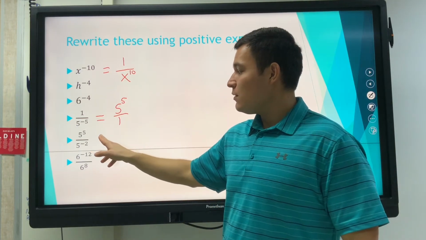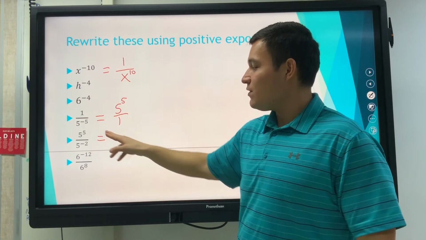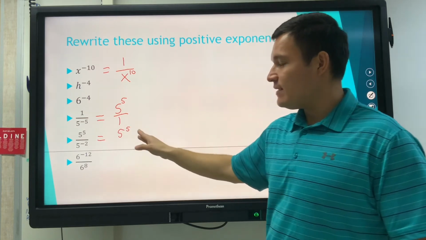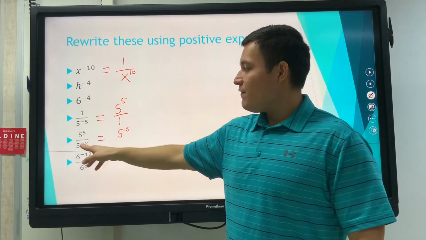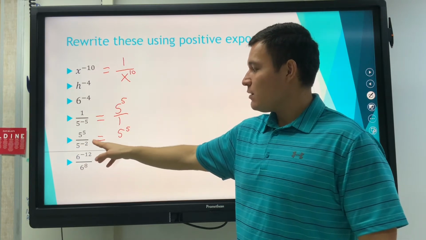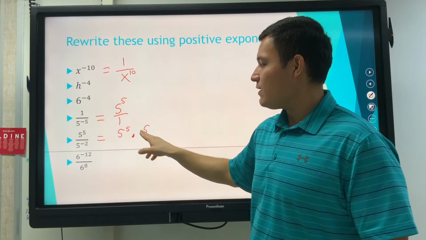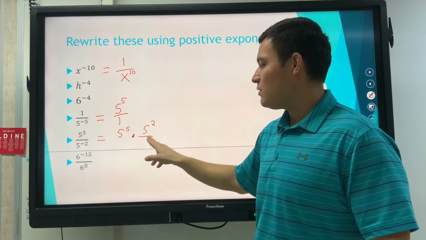Here, 5 to the 5th power is going to stay. 5 to the negative 2 power, this is going to change to become 5 squared over 1.